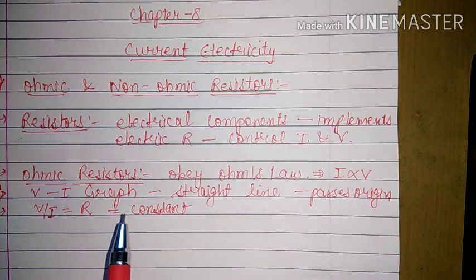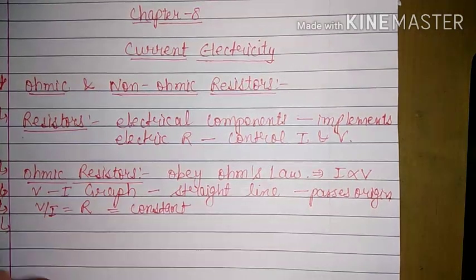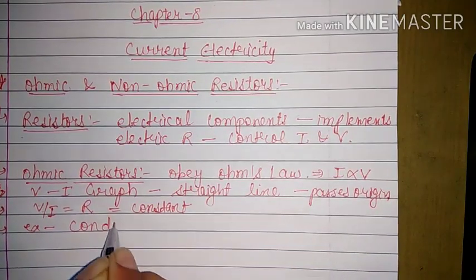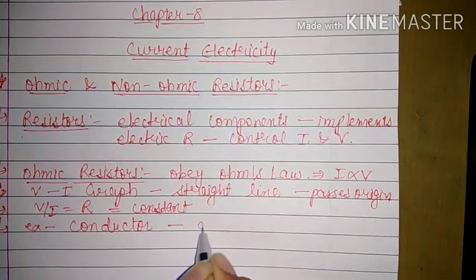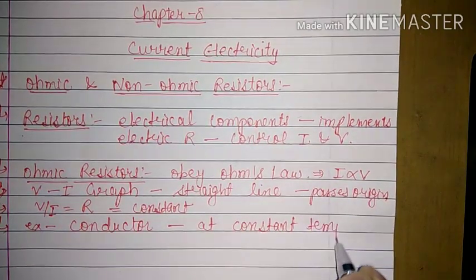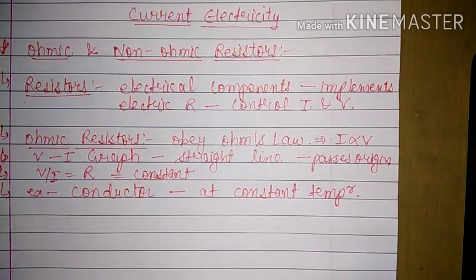Examples of ohmic resistors are all the metallic conductors which we are using, and electrolytes, but the condition is constant temperature, because we have already discussed that Ohm's law is valid only if the temperature of the conductor remains constant. As the temperature varies, the current flowing or the voltage across its terminals will also change.